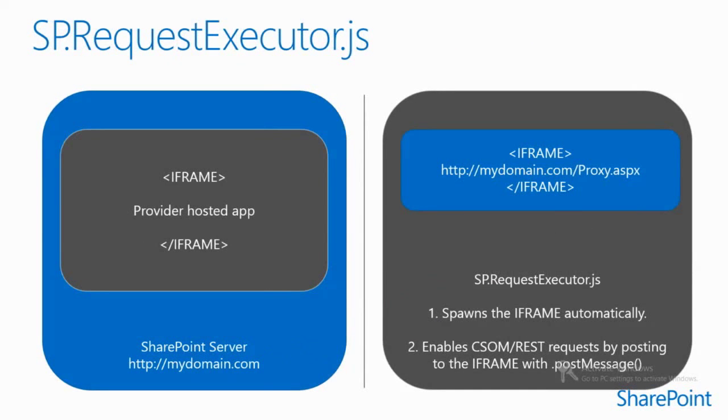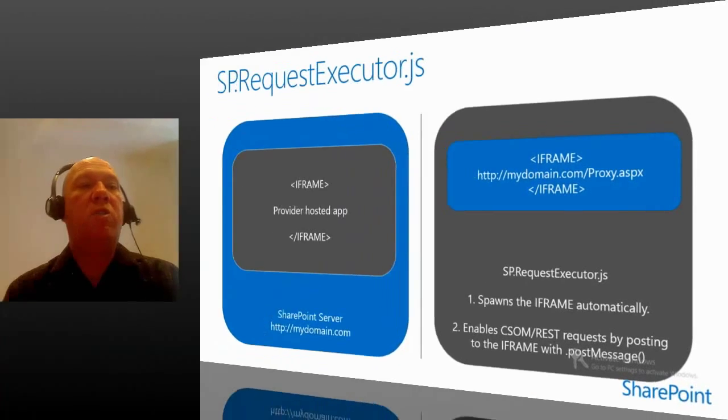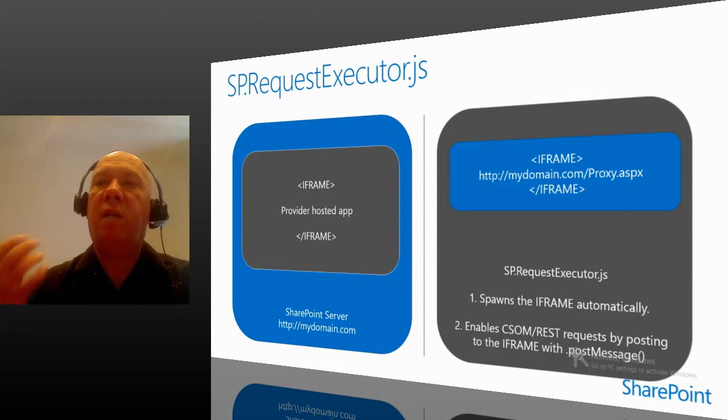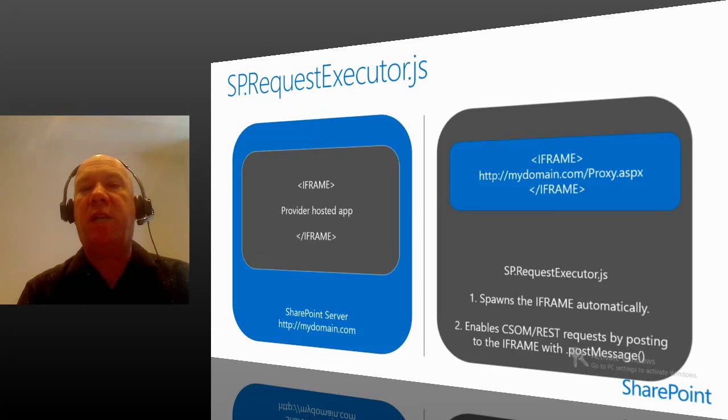So the way to handle this problem is, when I first saw this, my thought was, ew, but as you think about what the different alternatives are, it's not the first time you run into this problem. This is quite an elegant solution to a problem that you really don't have many other alternatives for. So the premise is the following. For you to talk back to the SharePoint server from your application, you load a script called sp.requestexecutor.js.